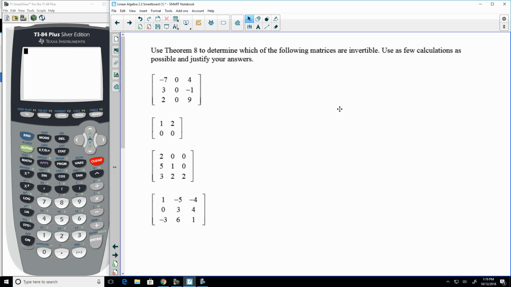No. So it has this middle vector, that's the 0 vector. That means you can't get 3 pivots when you row reduce this, right? So it does not row reduce to the identity, so it's not invertible. Right? The columns of A are not linearly independent, they're dependent. So this is no.